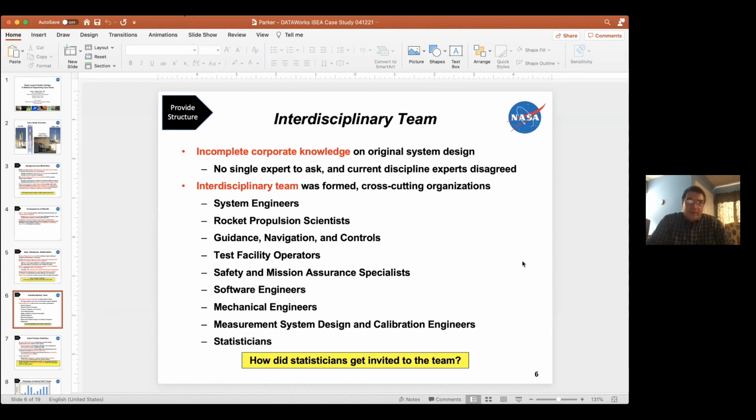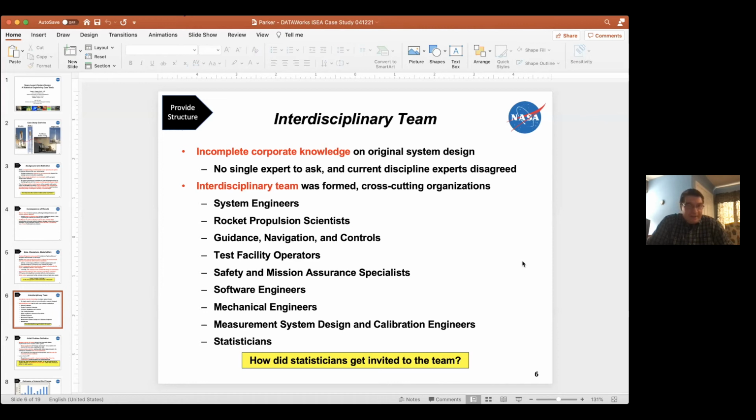So as we start talking about providing a structure, it was clear that it was going to require an interdisciplinary team. There was incomplete knowledge on the original design, specific to this component that was never part of the shuttle system, the internal roll torque of that rocket.